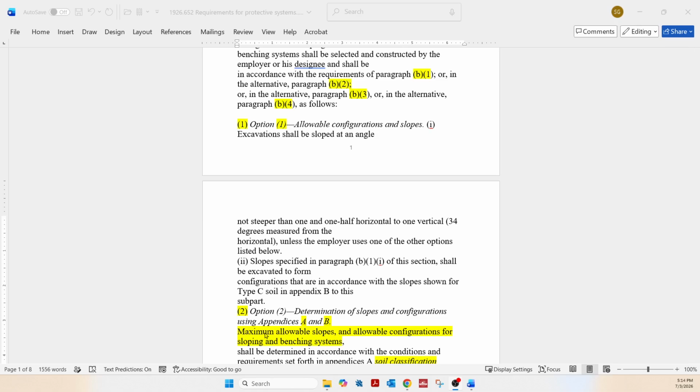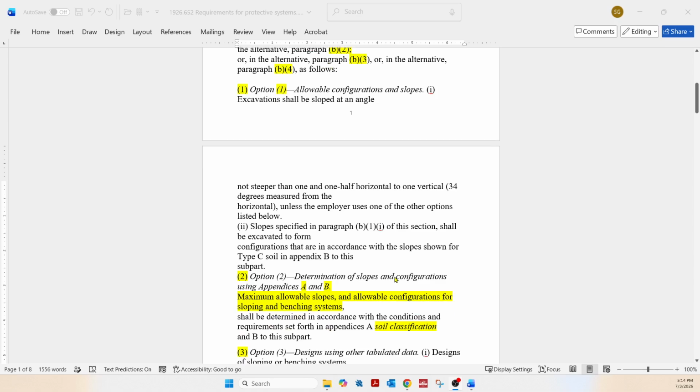So option 2 under paragraph C states design of support systems, shield systems, or other protective systems that are drawn from manufacturer's tabulated data shall be in accordance with all specifications, recommendations, and limitations issued or made by the manufacturer. What must the employer do prior to deviating from the manufacturer's tabulated data?